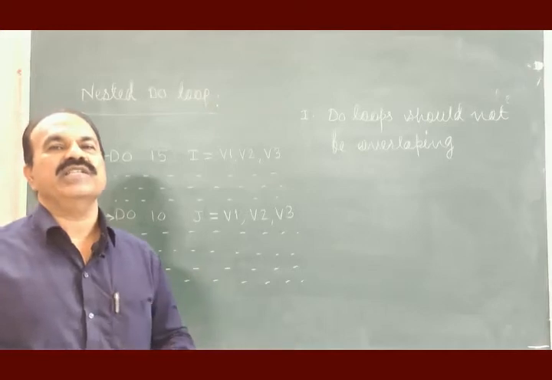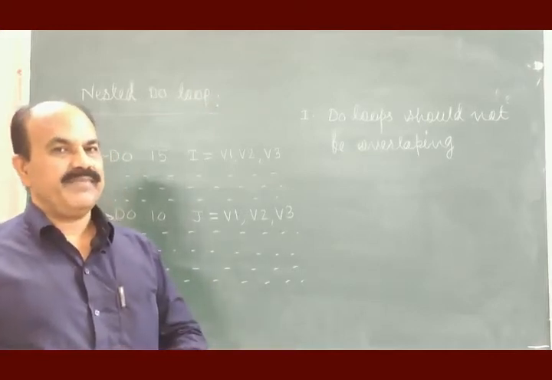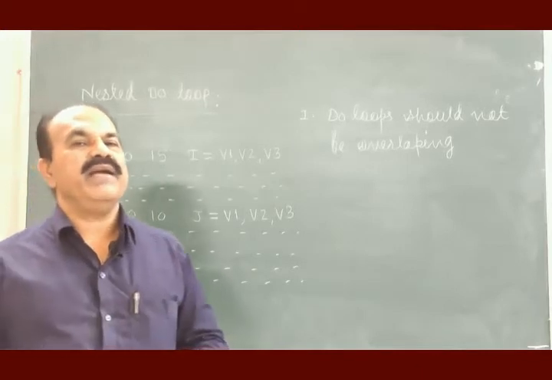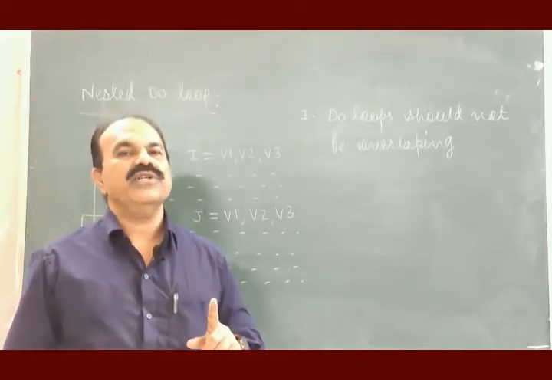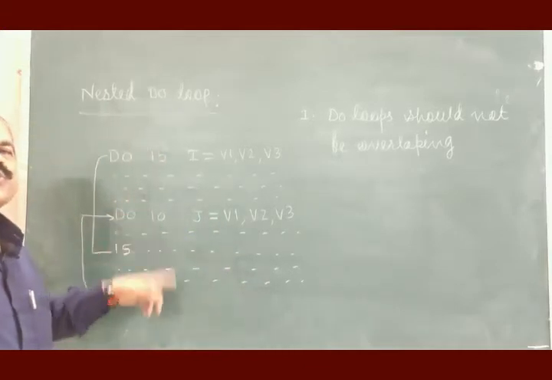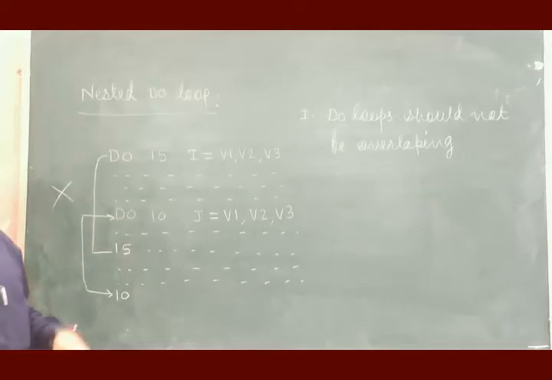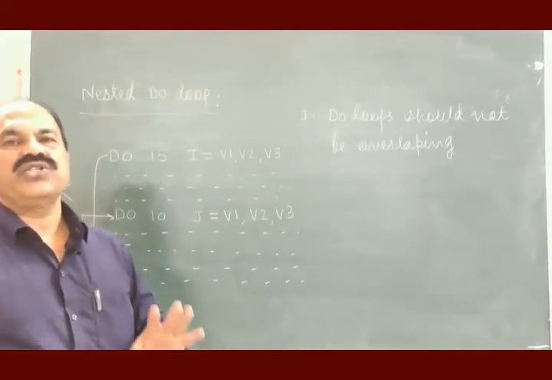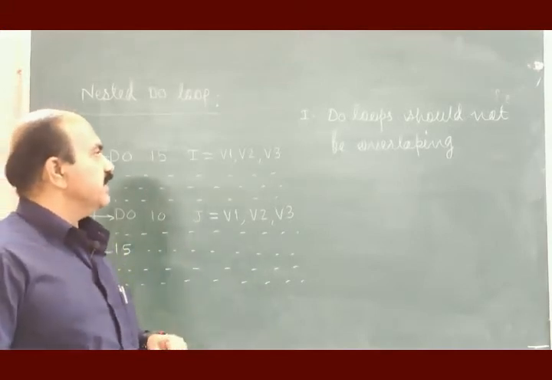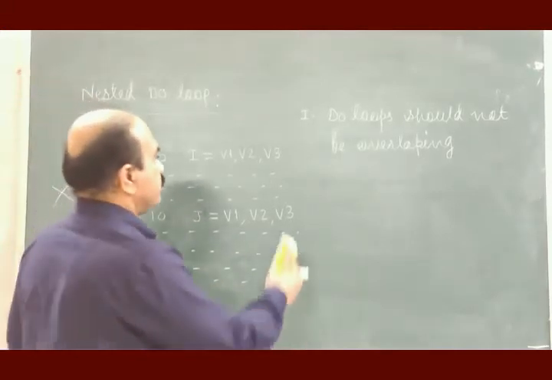Error will occur there. And therefore, we must remember there should not be overlapping of the inner do loop with the outer do loop as shown here. This type of overlapping of the do loops is not allowed. Then let us go to the second rule.